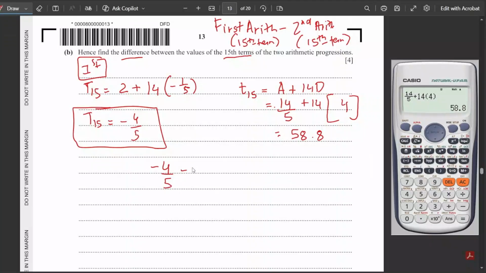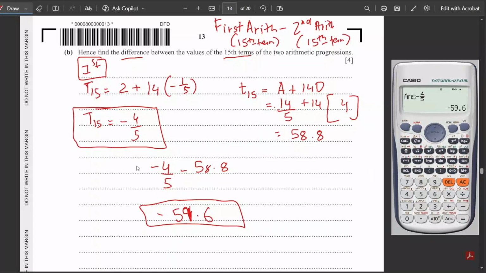Okay, now what we can basically do is subtract both of these terms, so negative 4 over 5 minus 58.8. And so this is going to be times minus 1. So I have negative 58.8, negative 4 over 5. And this is going to be 59.6. So negative 59.6. That is basically the difference between the 15th terms of the first arithmetic progression and the second arithmetic progression.